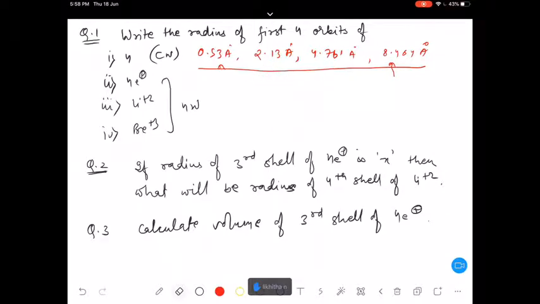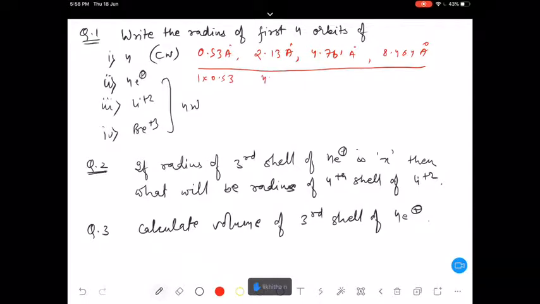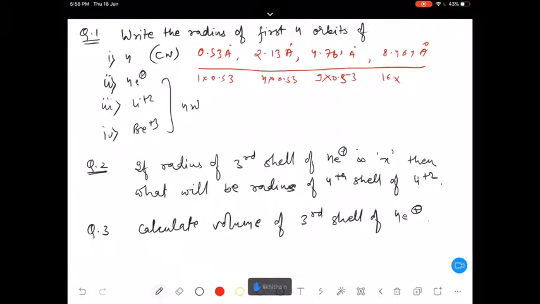Radius is increasing quadratically. Basically you can write 1 into 0.53, 4 into 0.53, 9 into 0.53, and 16 into 0.53. For second one, 2.116.